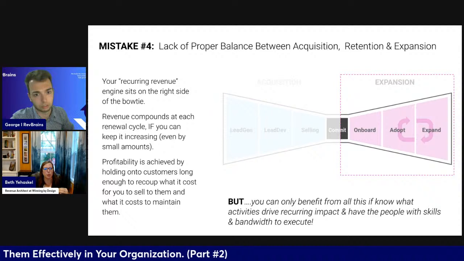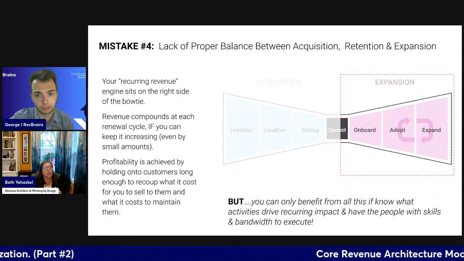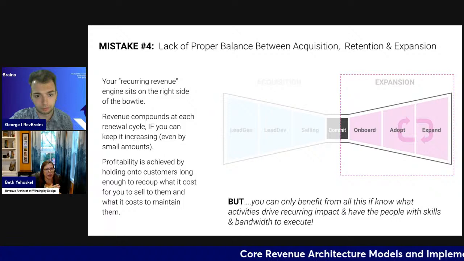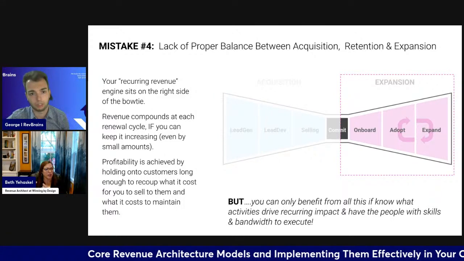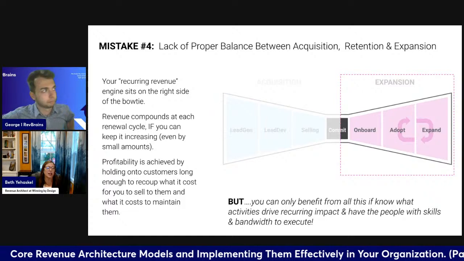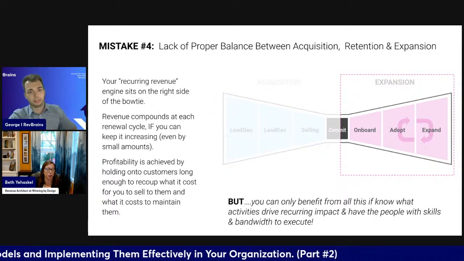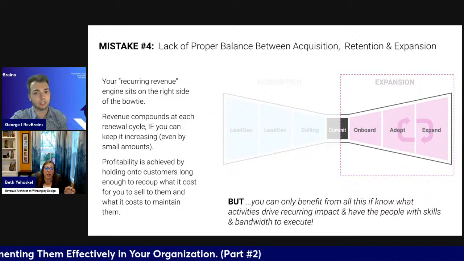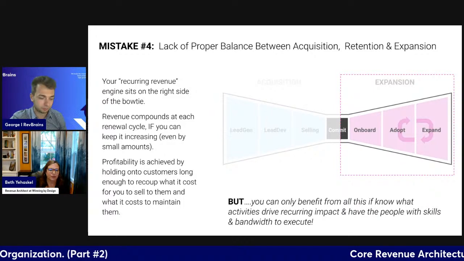That's a simple example, but profitability comes from hanging on to customers long enough to pay off that cost of acquisition and cover any cost to serve. So it's that longevity. And that's usually driven by sales teams, I will say, in that you need to get the right customers in the door. So I don't mean to say that marketing and sales is not important.